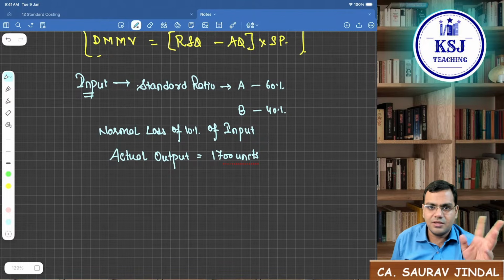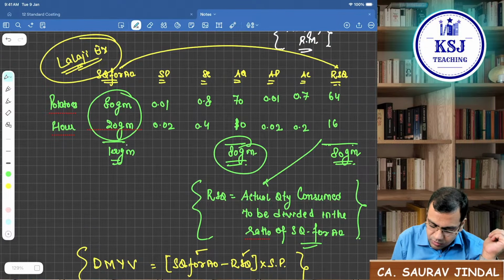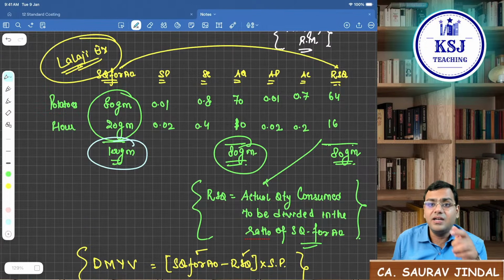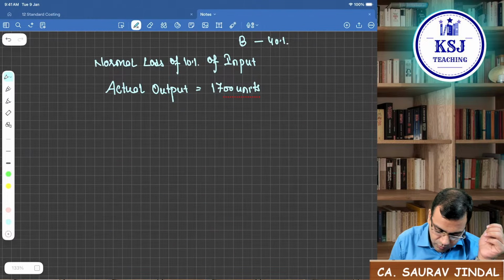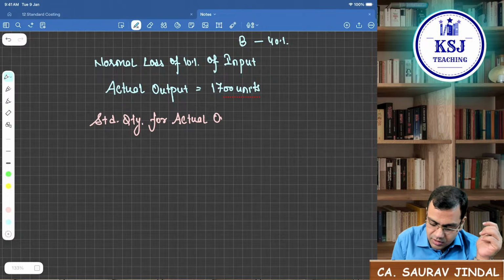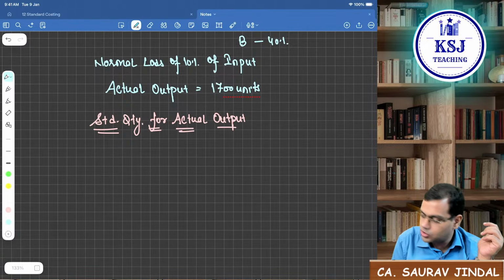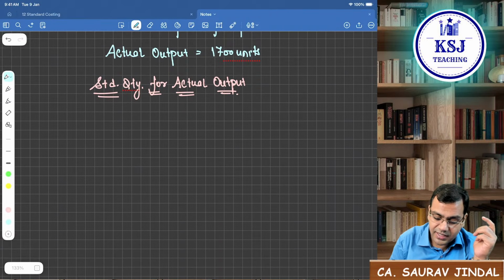Illustration 3, I think it is. So in this case, what do you have to do? You have to find the total standard quantity for actual output. What will that be?